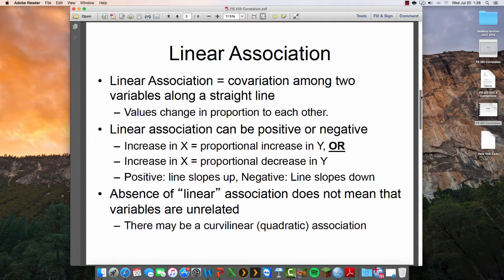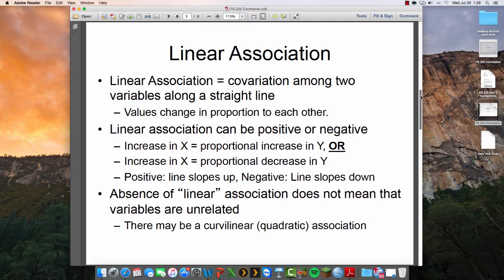I want to caution you at this point and say that the absence of a linear association does not mean that the variables are unrelated. They could be related in many different ways. For instance, they could be curvilinear or quadratic in their form, meaning that it's an arc or a parabola or some other curvy, wavy line that has nothing to do with a straight linear association.